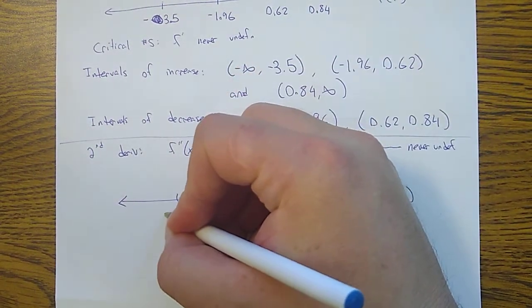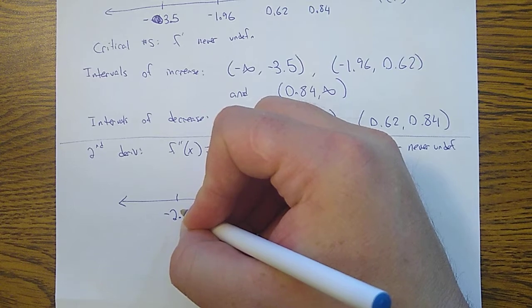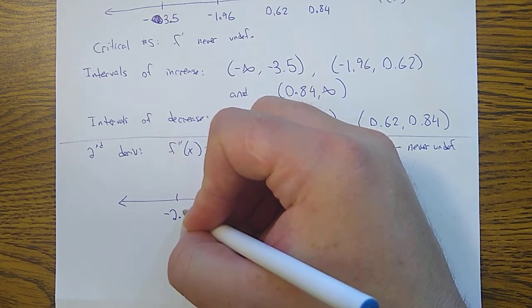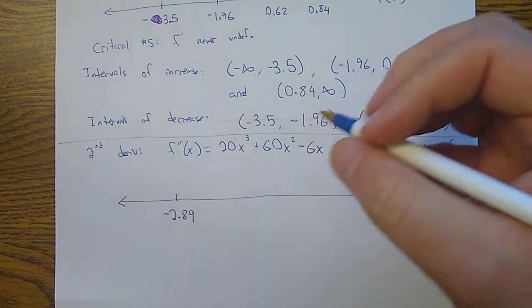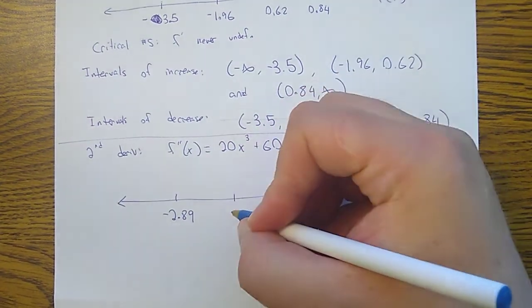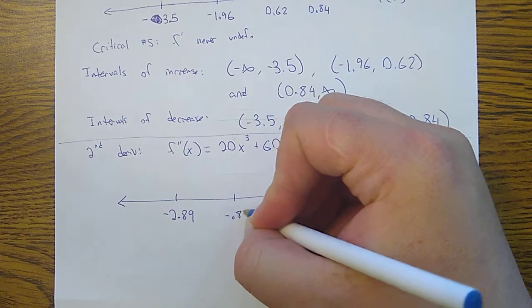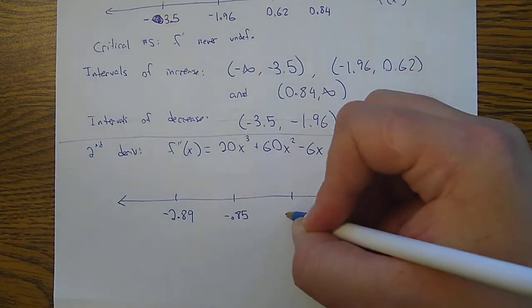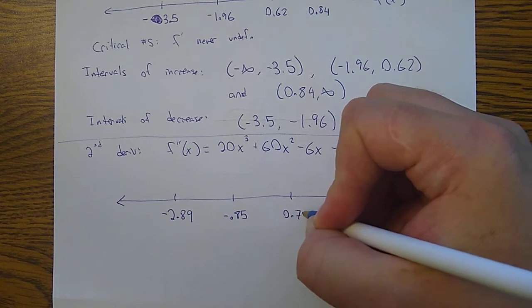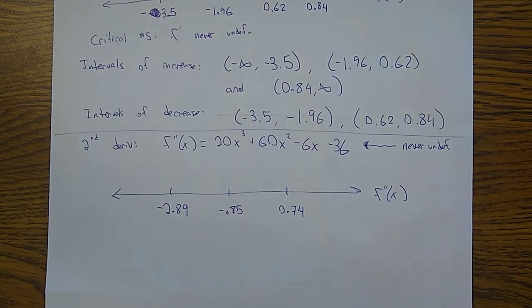There's negative 2.888, so I would round that to 89. And then this one would get rounded to negative 0.85, and then this would get rounded to 74.